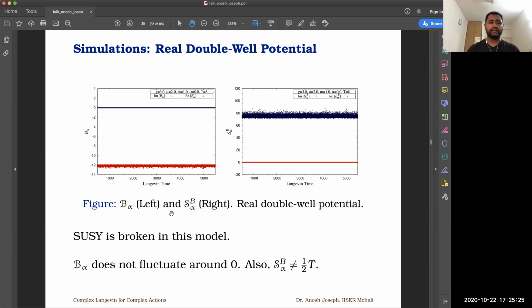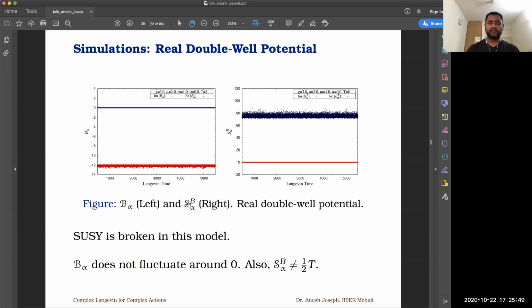So let's look at some simulation data. This is for the real double well potential. On the left-hand side, we have the Langevin time history of B, the auxiliary field, and we see that its imaginary part is non-zero and the real part is almost 0.